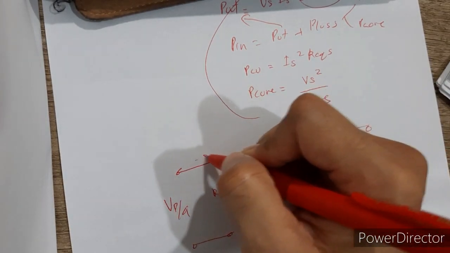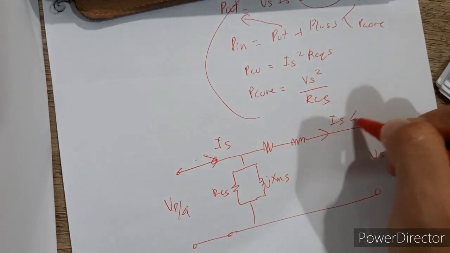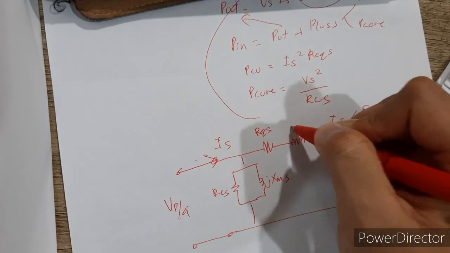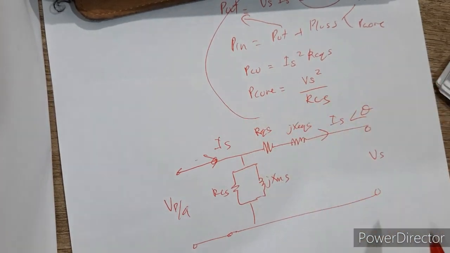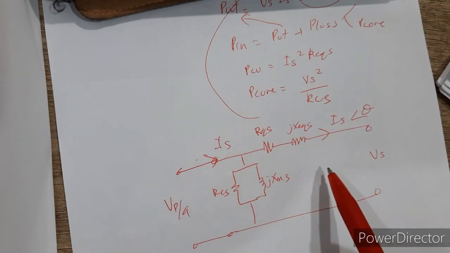This is IS, IS angle theta. R equivalent S, jX equivalent S. So this is the complete circuit for the transformer.